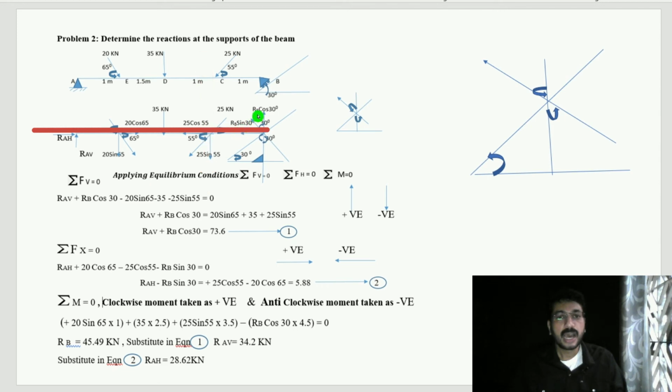And RB cos 30 into 4.5 acts along the anti-clockwise direction, considered as negative. Then we get the value of RB. Substitute the value of RB in equation 1 and equation 2, and we get RAV and RH respectively.